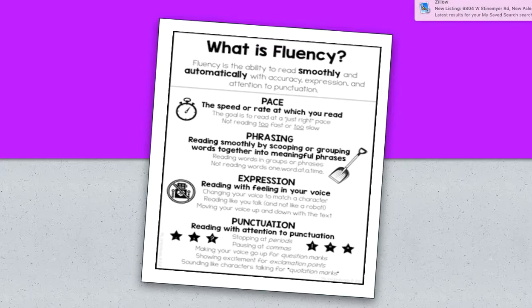Finally, punctuation. We know that students need to stop for punctuation, commas, question marks, exclamation marks. They also change the way that they're speaking when they get to that part of the sentence.